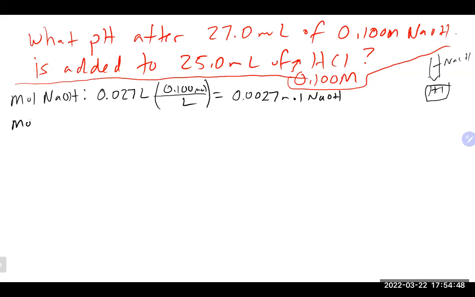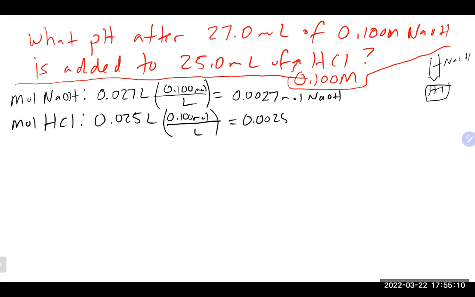We will do a similar calculation for our HCl. That would be 0.025 liters, which is our 25 milliliters converted to liters, times 0.1 moles per liter, and that will get us 0.0025 moles of our HCl. Any questions on that part?